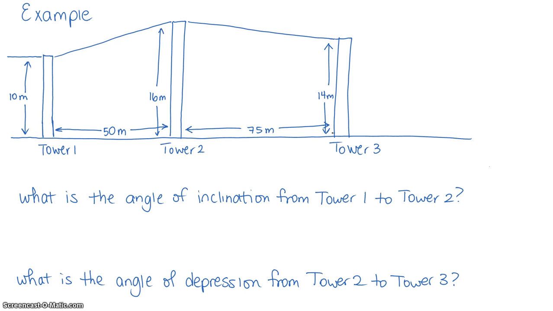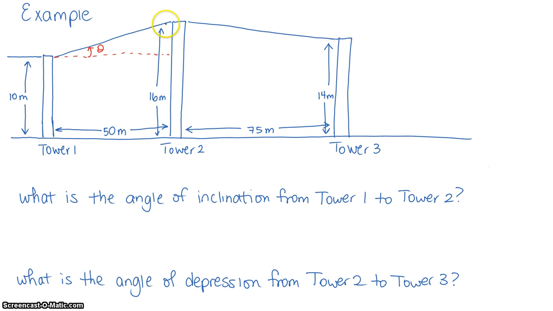Now, when it asks for the angle of inclination from tower 1 to tower 2, here's tower 1 to tower 2. My little eyeball, my horizon, starts at the top of tower 1. It's an angle of inclination, which means it is going above the horizon. So I'm looking for this angle here.